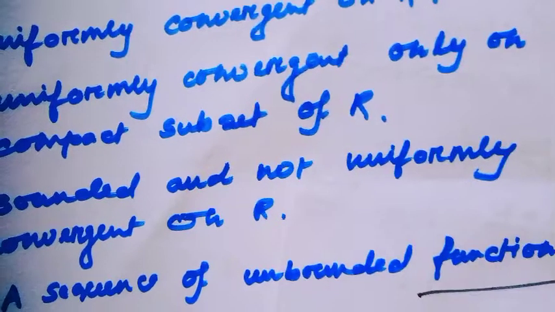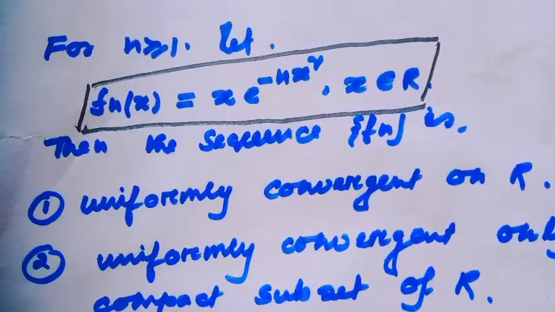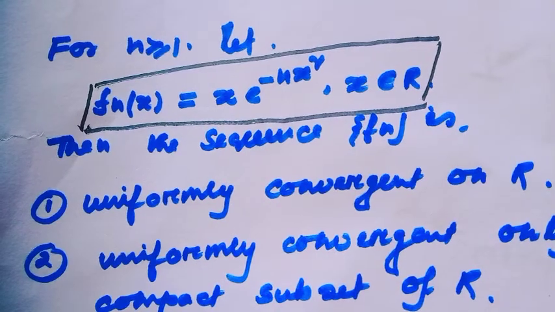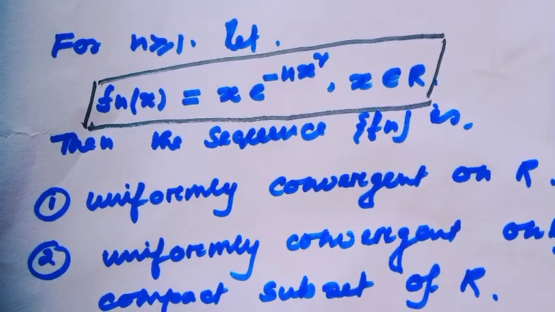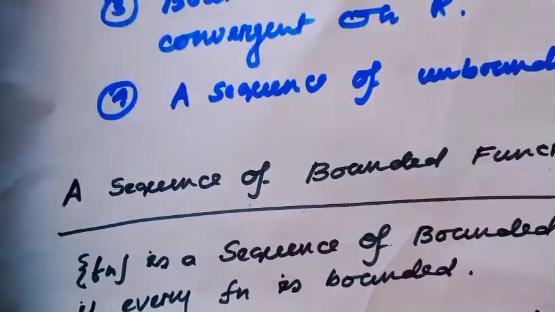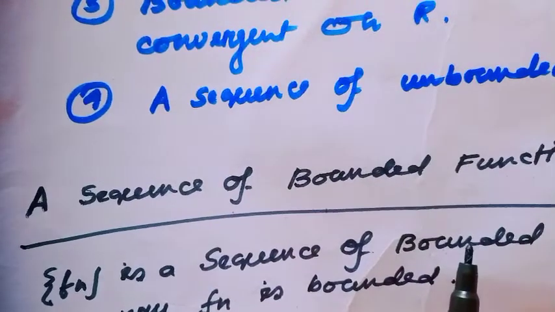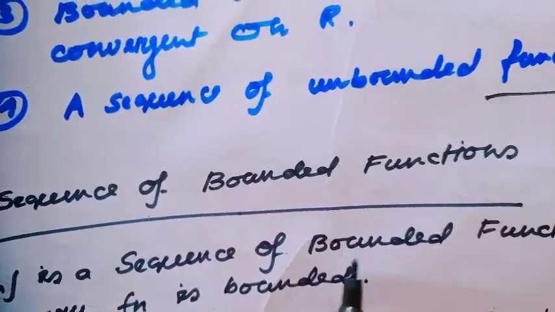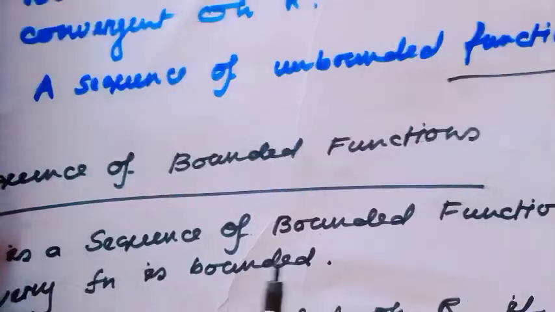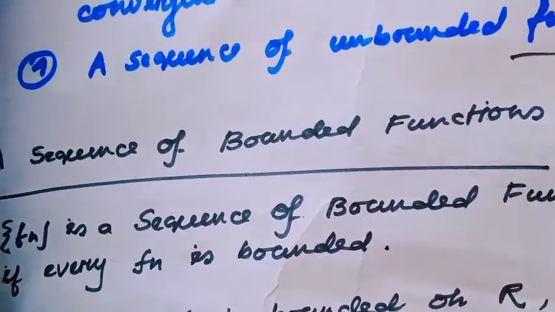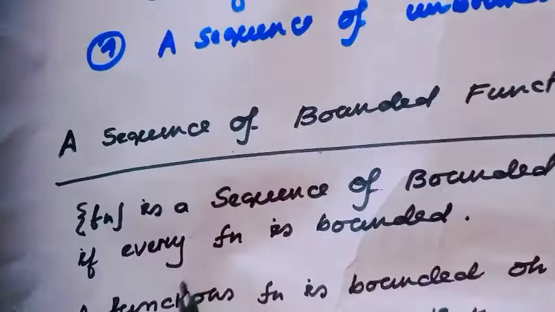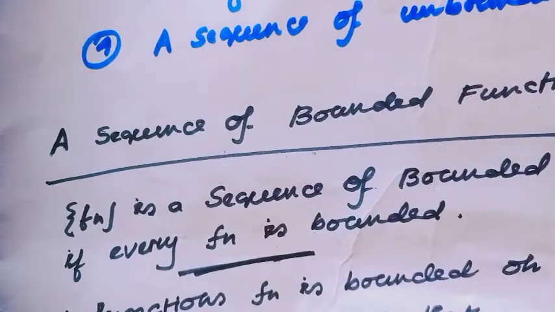At first, I will say what a sequence of bounded functions is. We all know fn is a sequence of bounded functions if each fn, that is f1, f2, f3 and so on, is bounded.